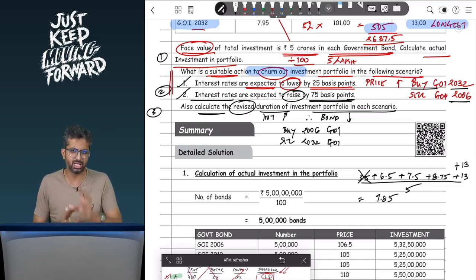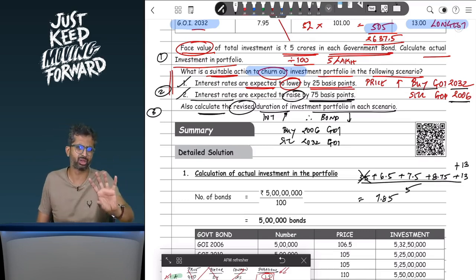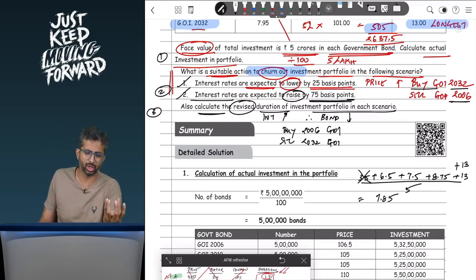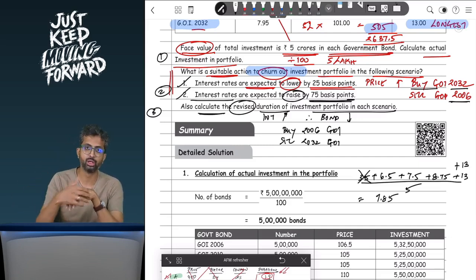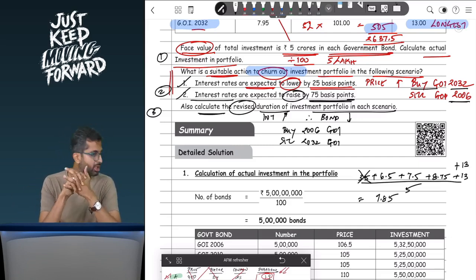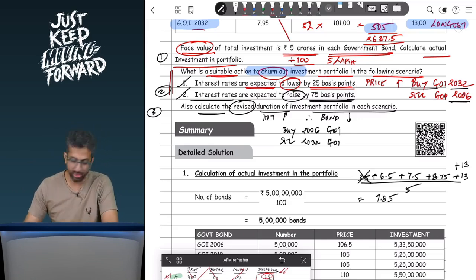So simplistically, I will remove the 20% allocation towards a 3.5 duration and add a 20% allocation further towards a bond which has a 13 duration, and hence we will say 6.5 plus 7.5 plus 8.75 plus 13 and 13 divided by 5 comes to around 9.75.